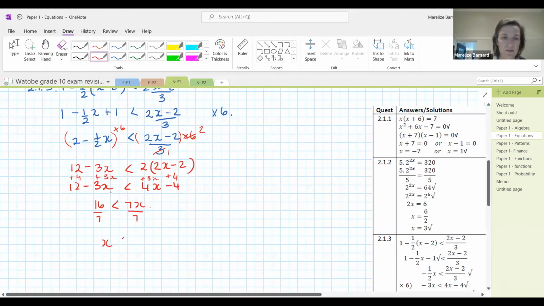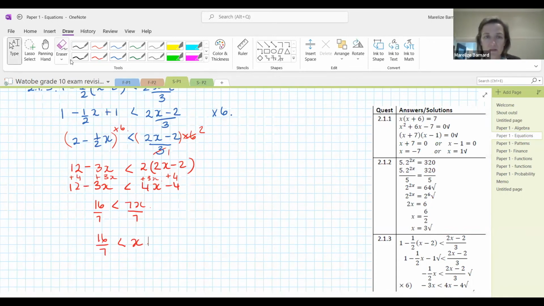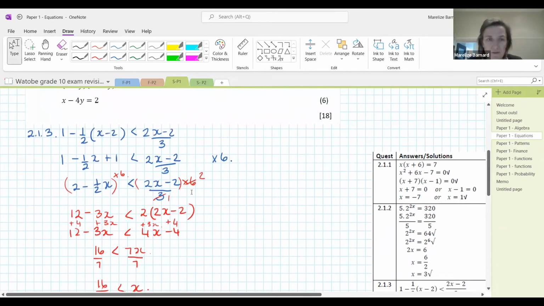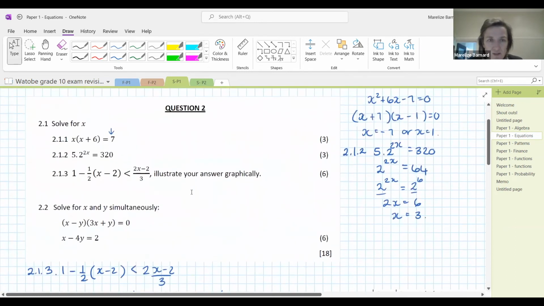So 16 over 7 is smaller than x. That's just an inequality, just a bit of work getting rid of the denominators and the fractions.